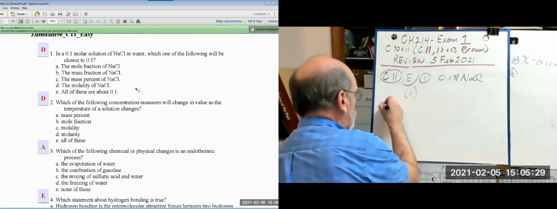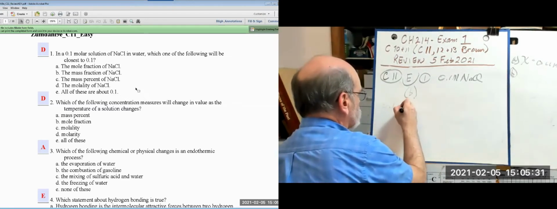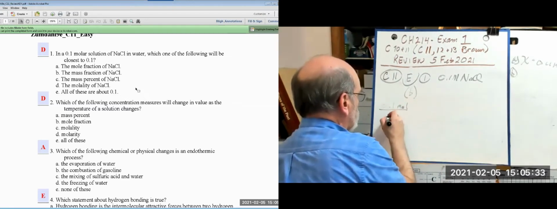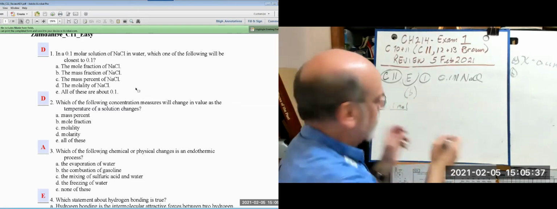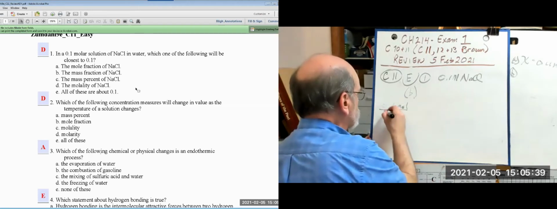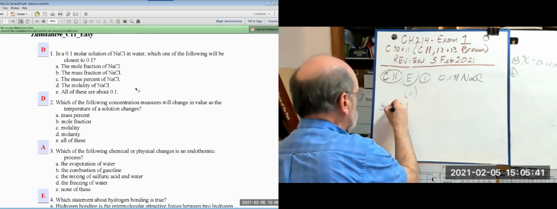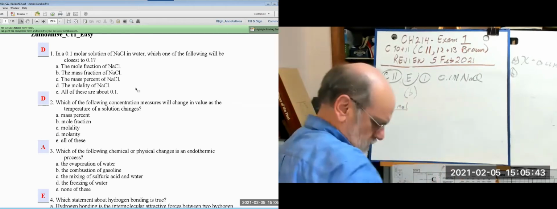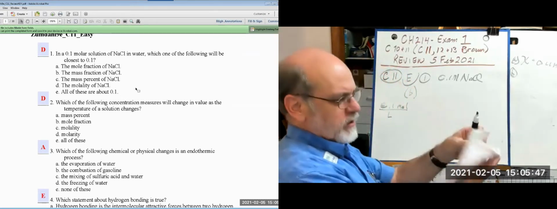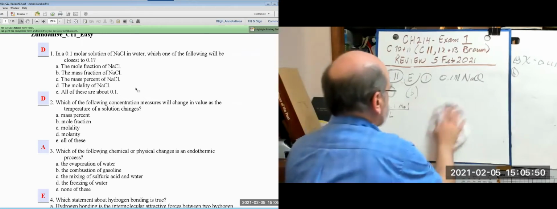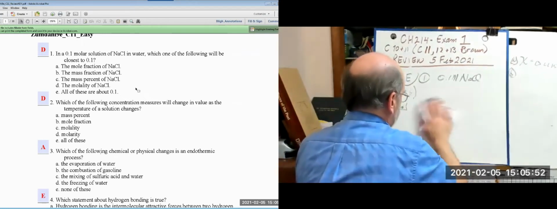So 0.1 moles per liter. Is that where we want to start? Yeah, liters of solution. It's getting hard to write on this thing. Let me see if I can get some of that oil off.